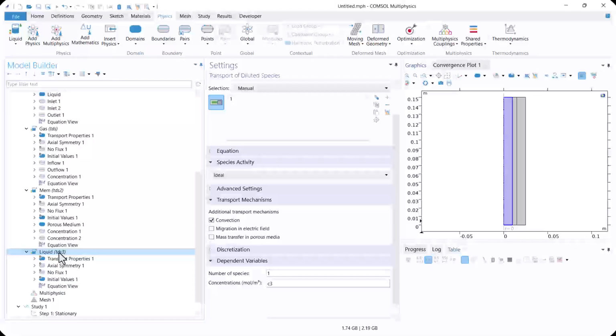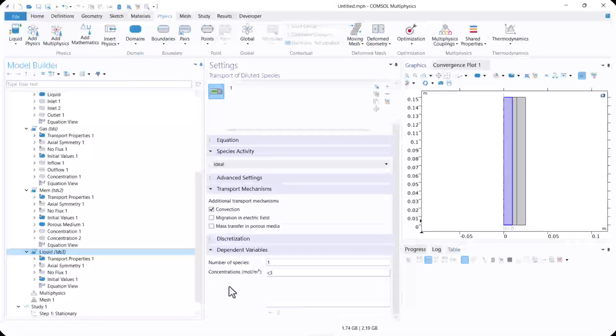But in the liquid domain we have another component also, the liquid component, so we need to add another concentration. So it is C4 and C3. C3 is from the gas phase and C4 is from the liquid phase, because C3 comes from the gas domain to the liquid domain, and C4 is the liquid phase component.